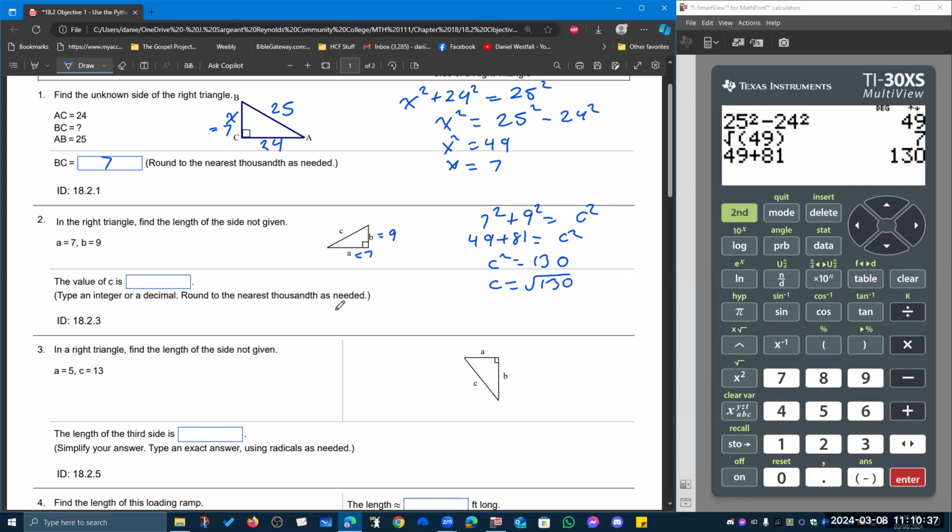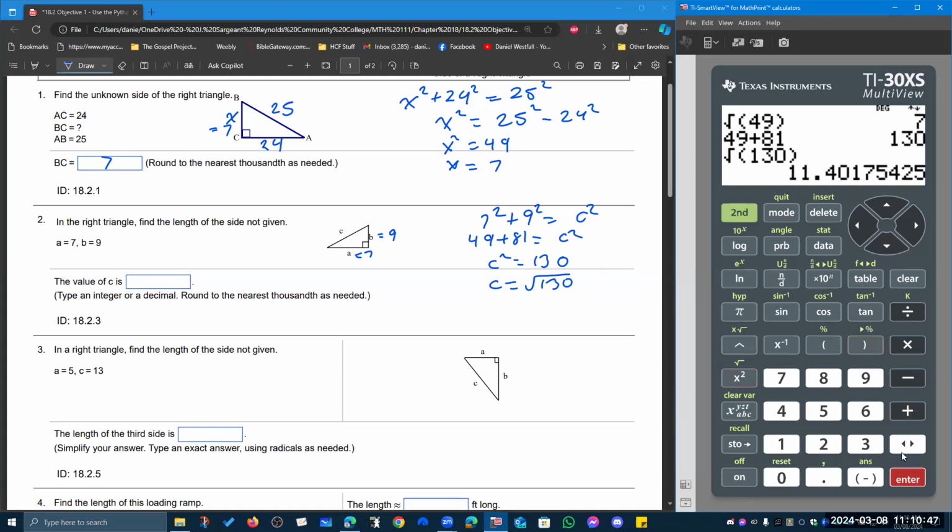And they want us to round to the nearest thousandth as needed. So we're going to type in the square root of 130. They don't want an exact answer with a square root in it, and they want us to answer with 11.402. Because that's a 7 in the ten-thousandths place, we'll round the 1 in the thousandths place to a 2.